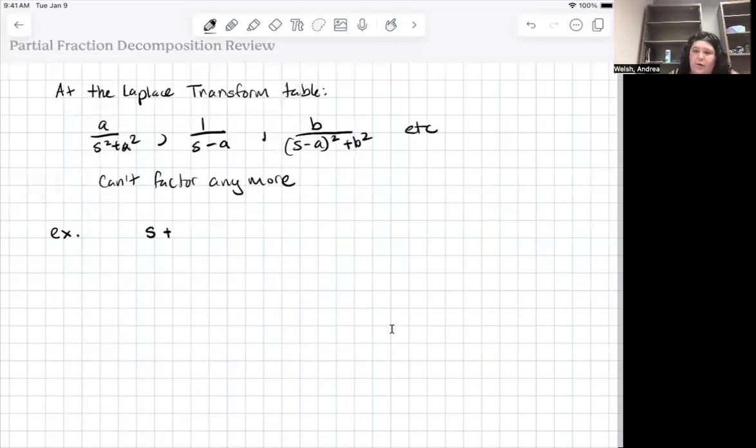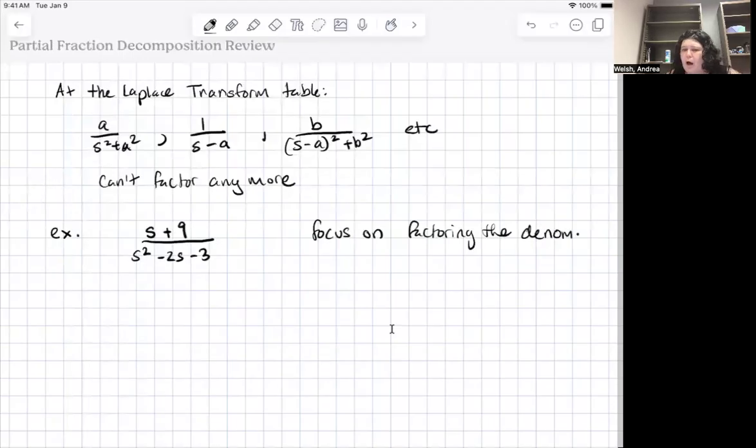So let's say we have s plus 9 over s squared minus 2s minus 3. We want to focus on the denominator. The numerator doesn't matter super much.